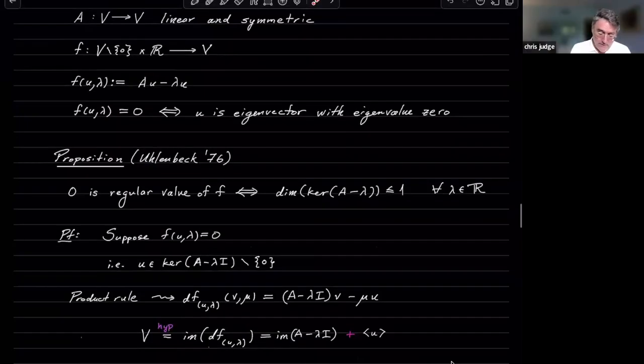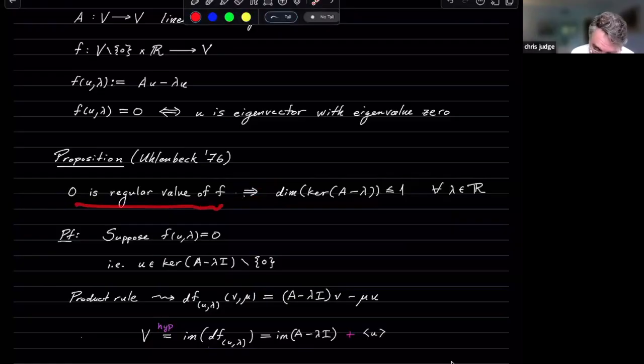Okay, so Uhlenbeck's theorem says, sorry, it's not a theorem, this is a proposition. I think it's Proposition 2.4 in her paper. If 0 is a regular value of f, then the dimension of the kernel is less than or equal to 1.